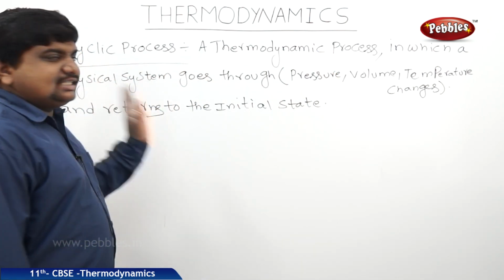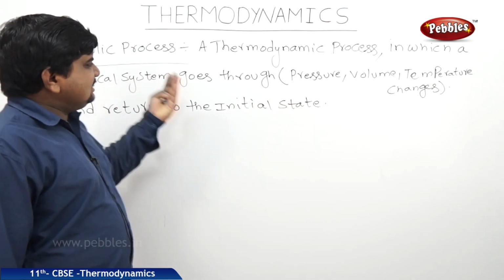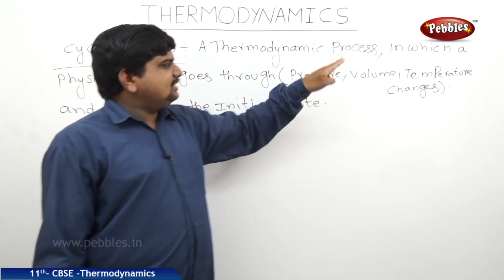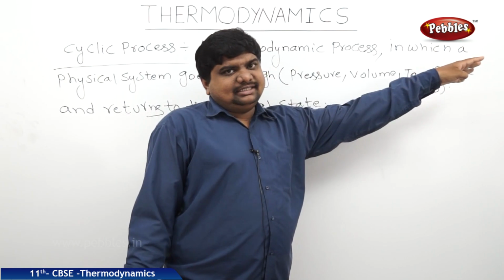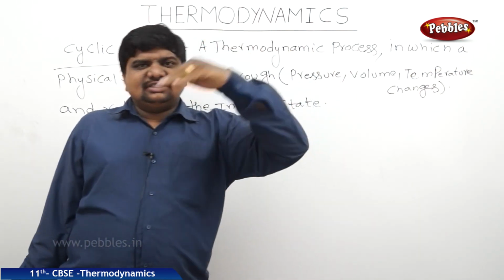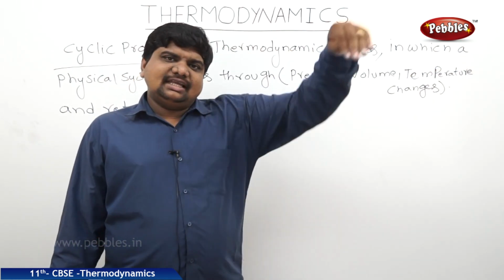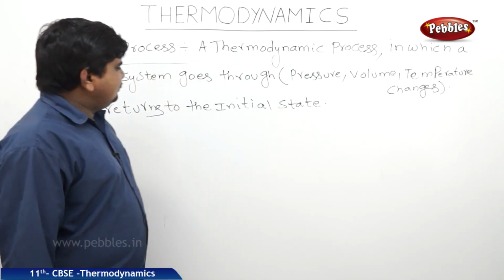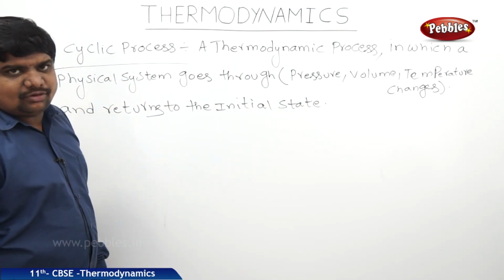So a process where the physical system experiences the change in pressure, change in volume and change in temperature, and after doing this work completely, the body is again coming to the initial state. This process is called cyclic process.